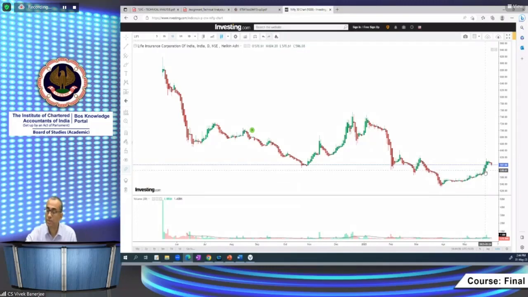So the financial results were declared on 24th of May, but the bullish trend has been witnessed from the 22nd itself. What does it mean? It means that some people were aware that the company's financial results would be good, so they must have started purchasing the shares. Therefore it has been witnessed in this chart.